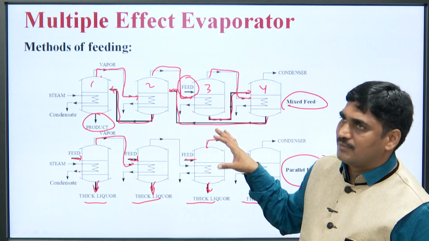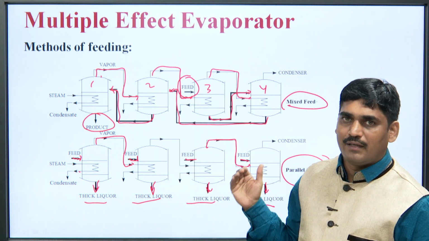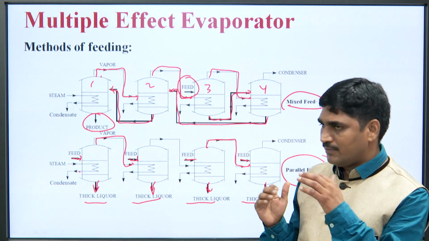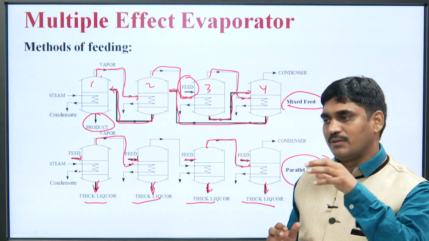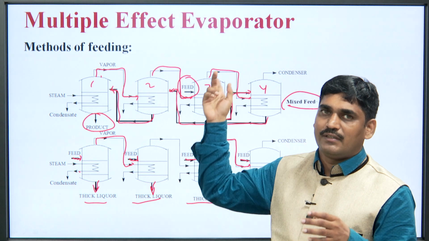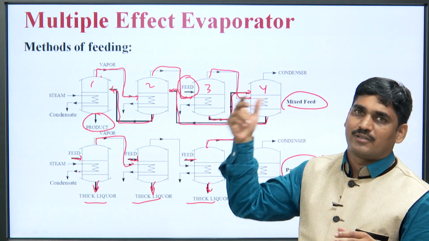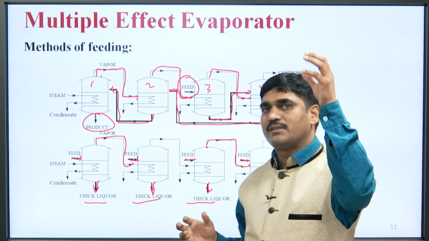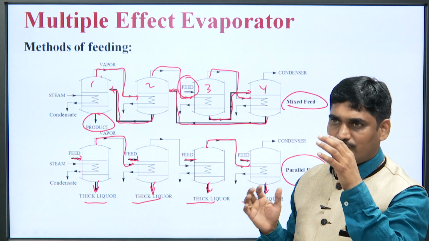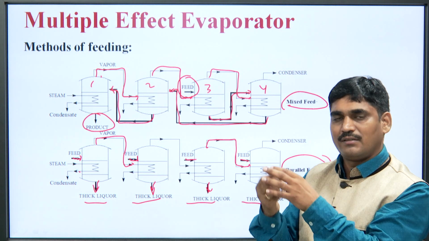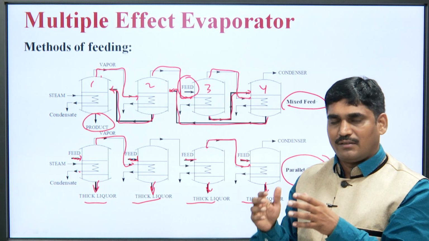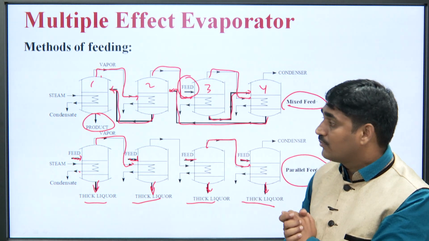So, there is a difference between parallel feed and other feeds. In parallel feed, dilute solution is fed into all the evaporators. In mixed feed, forward feed or backward feed, dilute solution is introduced into a single evaporator, and from there the slightly concentrated liquid is transferred to the next evaporator as a source of feed.